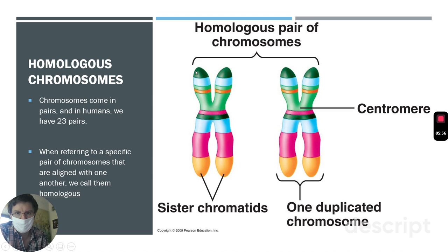So this point where they're making contact, each sister chromatid, the point of contact is called the centromere, all right? So when referring to a specific pair of chromosomes, we're calling them homologous. So the terminology I expect you to know from this is homologous, centromere, chromatids, and chromosomes.